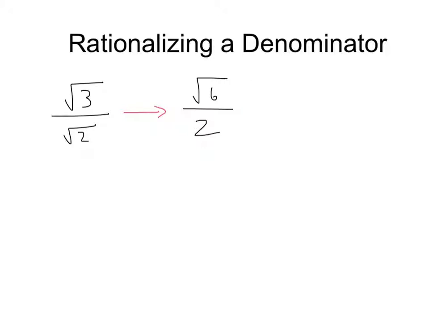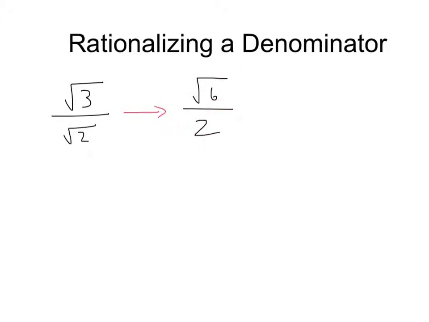So this will be especially important in classes like math analysis or trigonometry. Again, the idea is that you don't want radicals in the denominator, so you want to rewrite this in an equivalent form that only has radicals on the top.